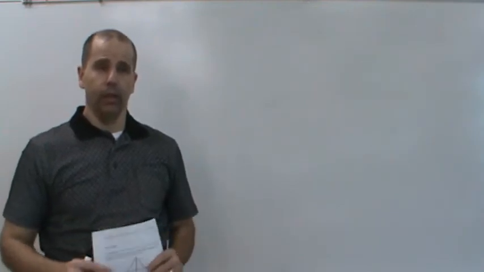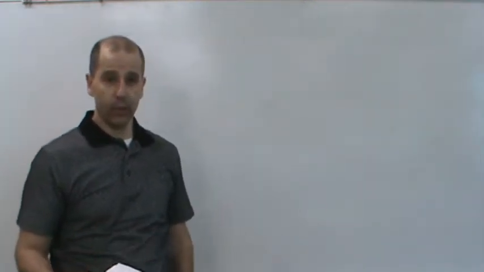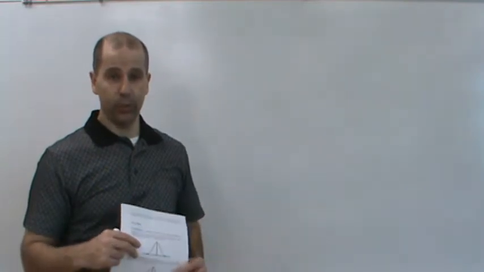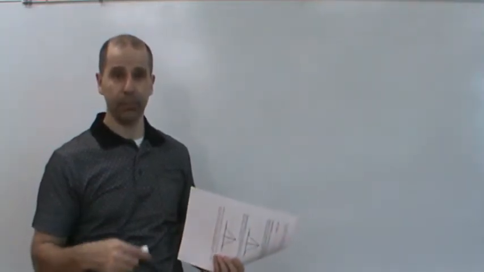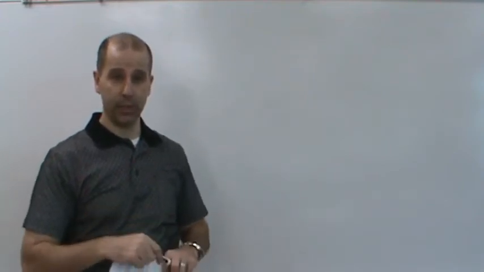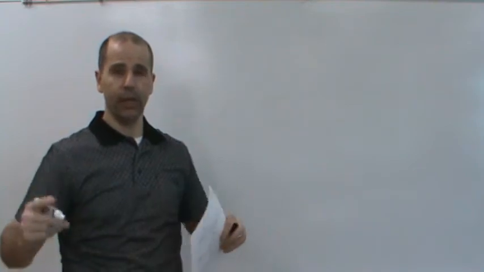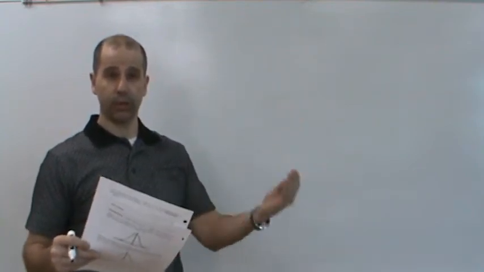Again, now that we have the calculator, we have binomial CDF and binomial PDF functions, so it makes this approximation obsolete. But it still is important when we get to later chapters, like Chapter 8 and Chapter 9, when we start talking about sampling distributions or confidence intervals.